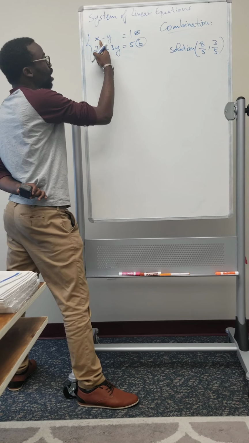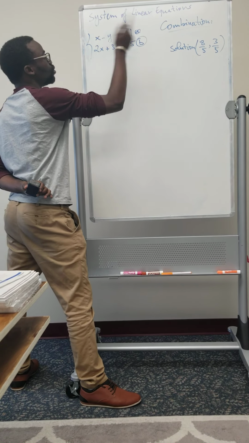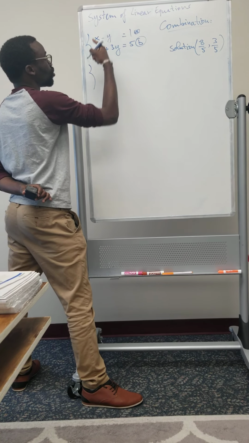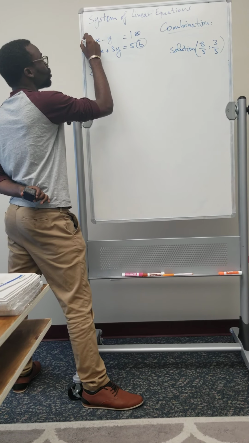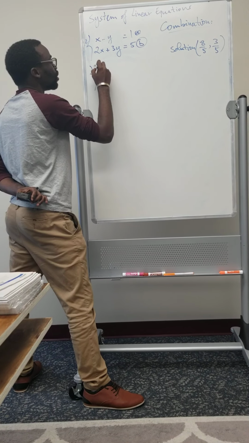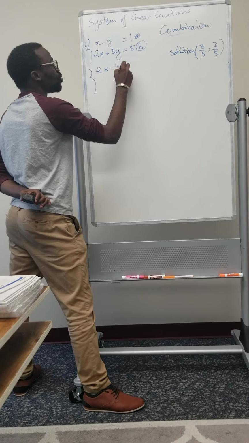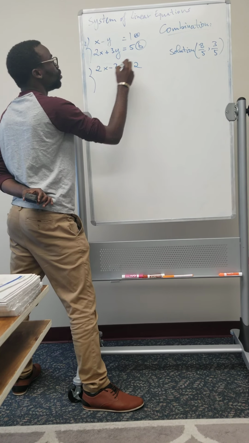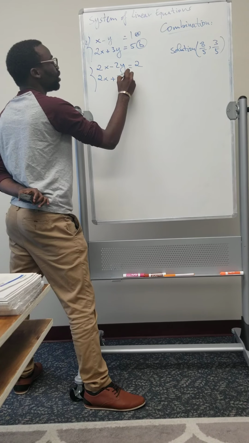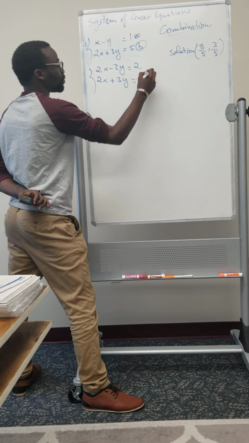So in this case, I will multiply the first equation by 2 on both sides. So this first equation become what? If I multiply by 2 on both sides, I have the right to do it. 2x minus 2y is equal to 2, and 2x plus 3y is equal to 5.